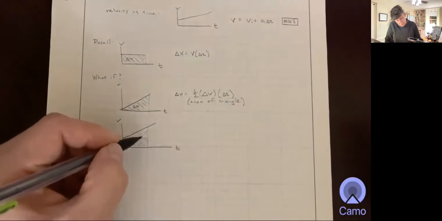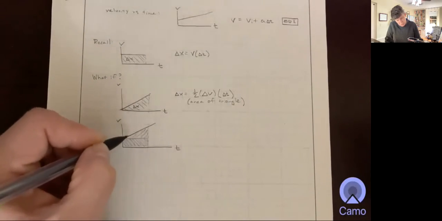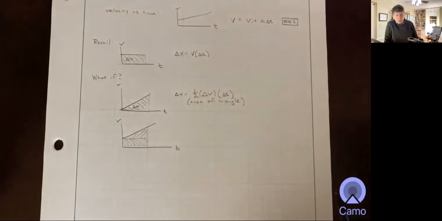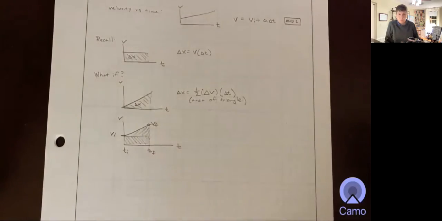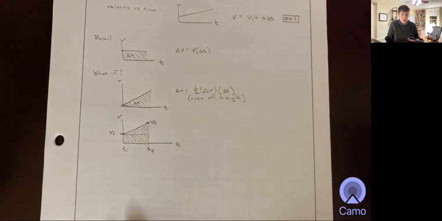I've got a rectangle and a triangle. Let's figure out how to calculate that. So without putting any numbers on this, let's call this the initial velocity, call this value here the final velocity, call this here some final point in time. Good so far. I've just labeled some points on the graph.